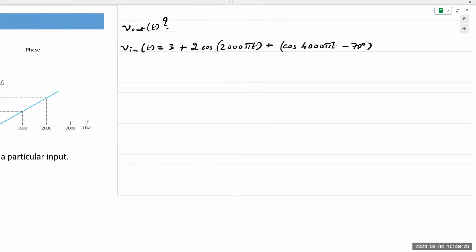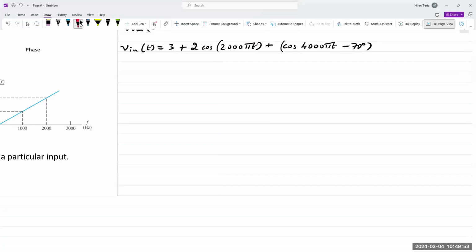Okay. Take a few seconds and look at the input signal. How many components do you see? Anyone?